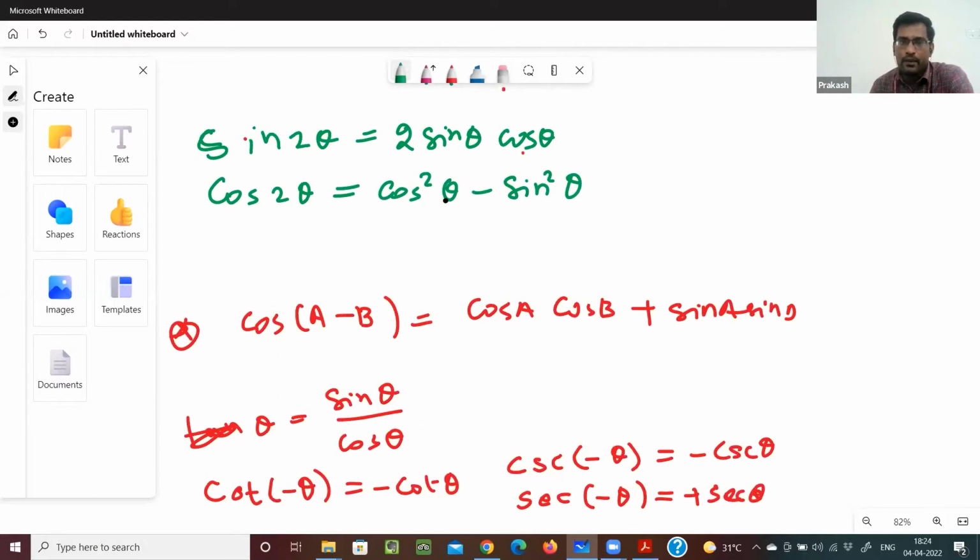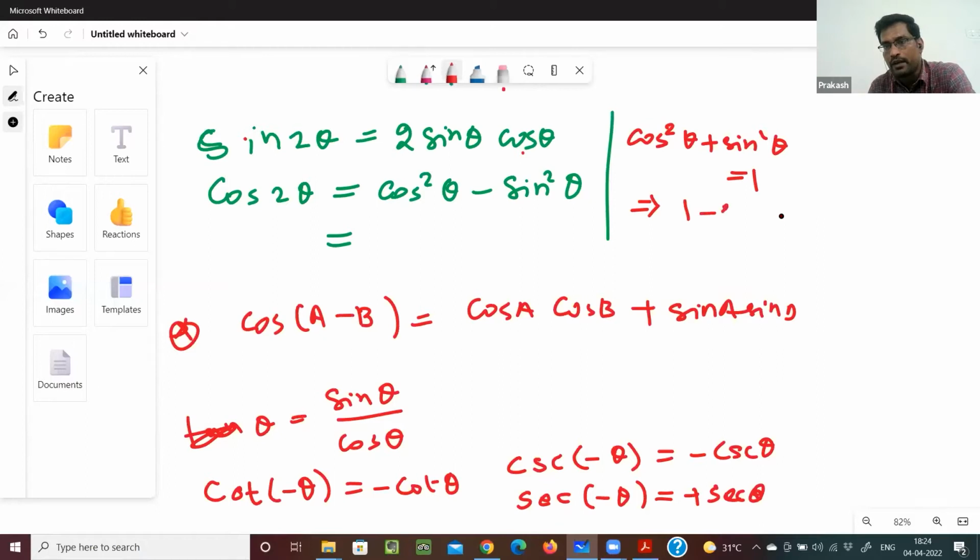This identity we can rewrite into two forms. Here cos square theta plus sine square theta is equal to 1. So from that, cos square theta is nothing but 1 minus sine square theta. If you substitute 1 minus sine square theta, you will get 1 minus 2 sine square theta.